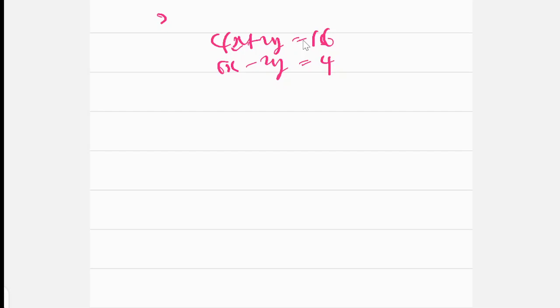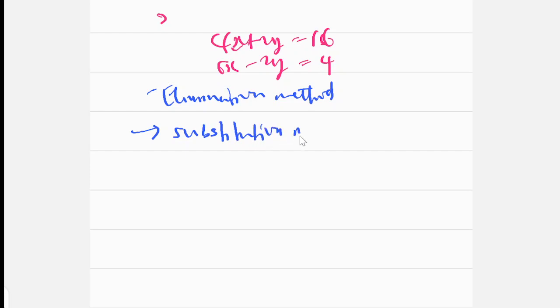Now how do you solve this? There are different methods you can use. Number 1 is the elimination method. We have the substitution method. And we have the graphical method. All these methods are not difficult. The elimination method is to eliminate.